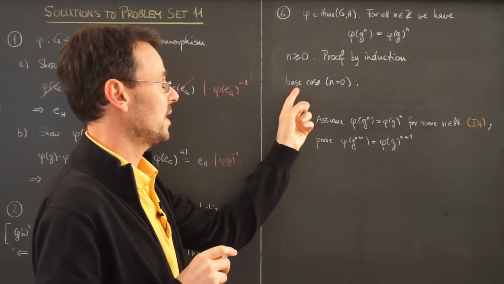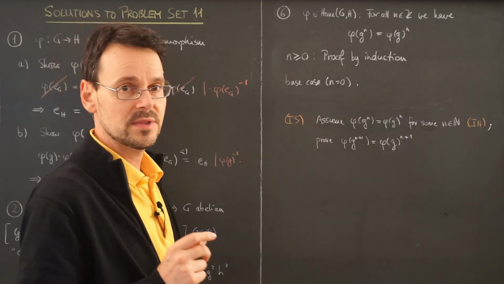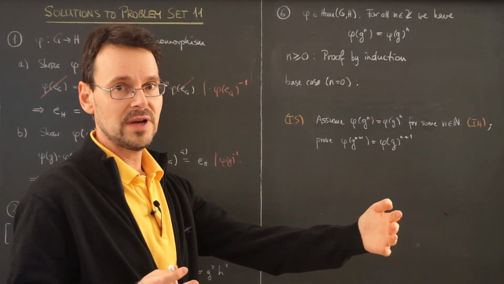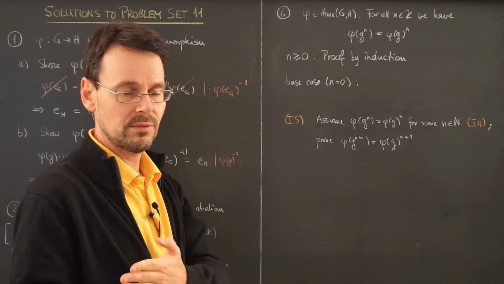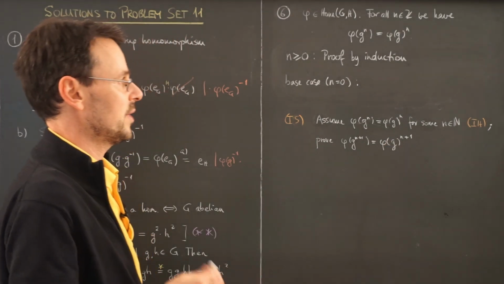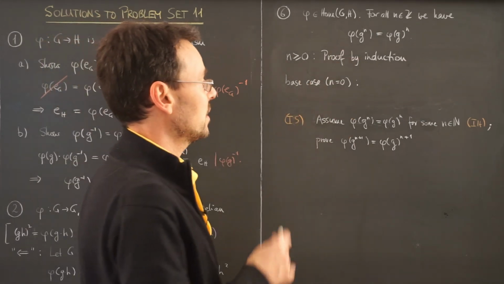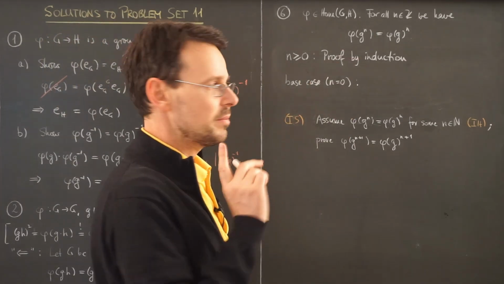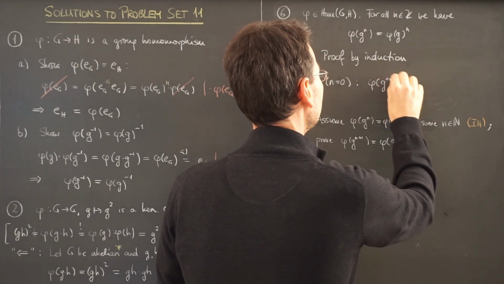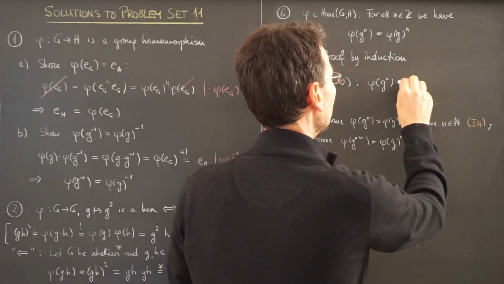All right, our base case here is not n equals 1, but n equals 0. If that seems strange to you, that's always possible. You could also start with n equals 5 or n equals minus 3, as long as you climb the ladder up towards infinity in the natural numbers. Induction always works. So for n equals 0, it is almost trivial, but not quite. We start with the left-hand side. This is phi applied to g to the 0th power.